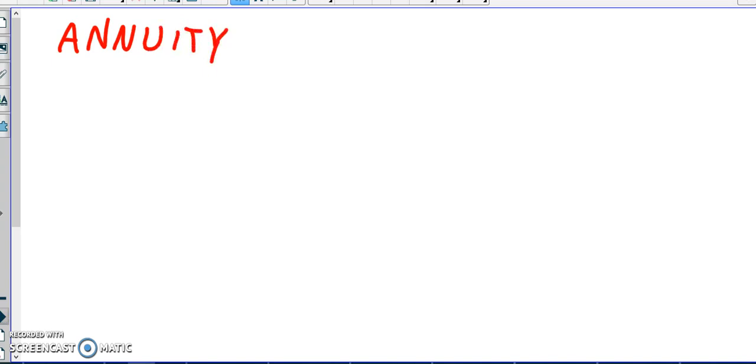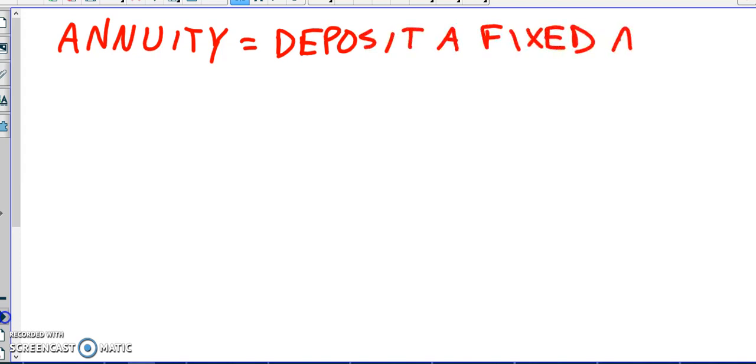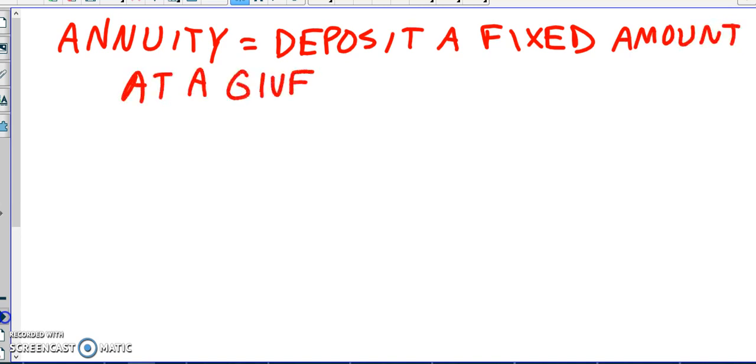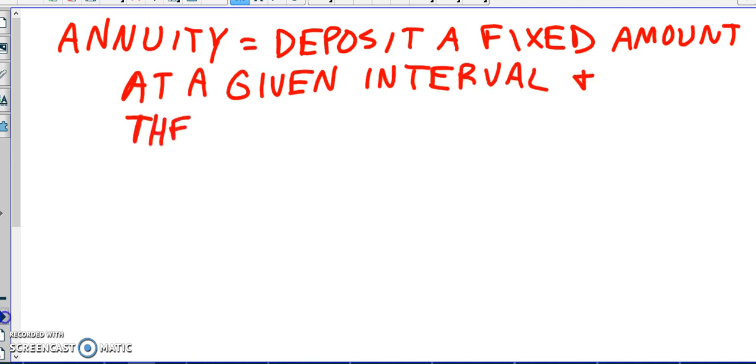So basically how an annuity works is you deposit a fixed amount at a given interval, like every month or every quarter. And the account earns interest.